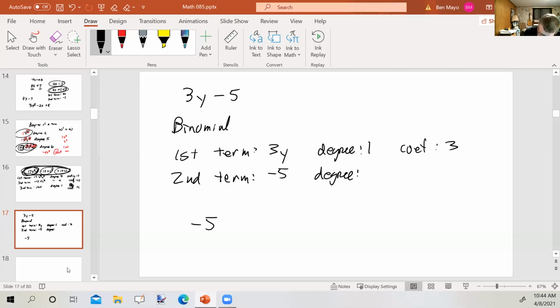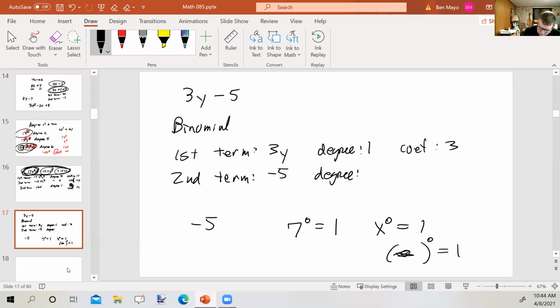If you have a number raised to the 0 power, that equals 1. If you have a variable raised to the 0 power, that equals 1. If you have a quantity, whatever in there, raised to the 0 power, that equals 1, unless 0 is inside of there. So anything other than 0 raised to the 0 power is 1.